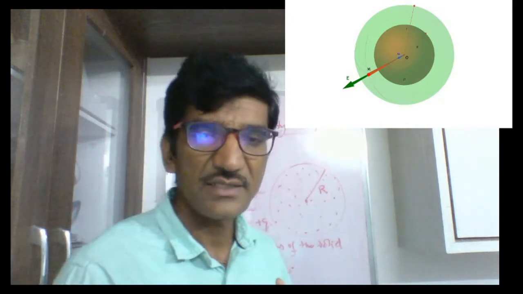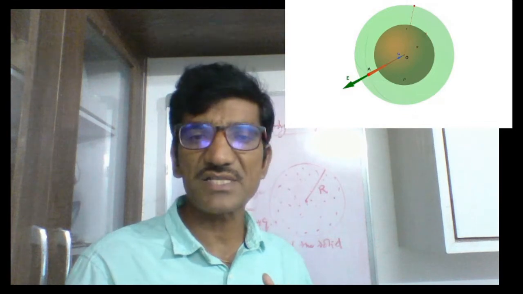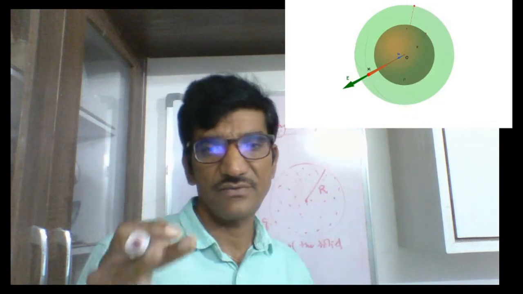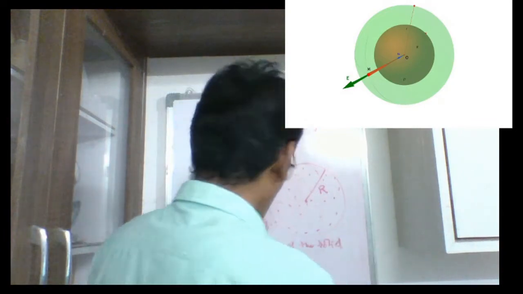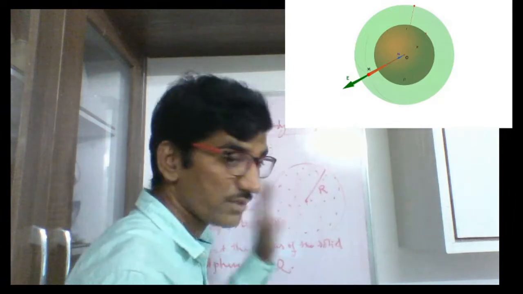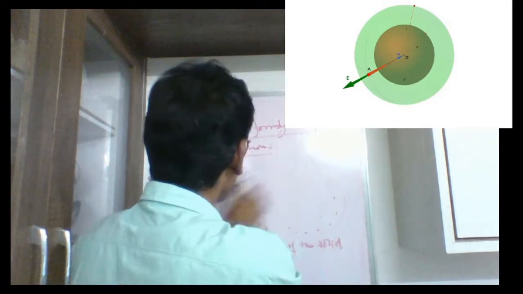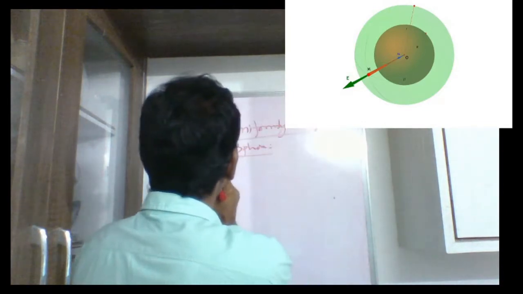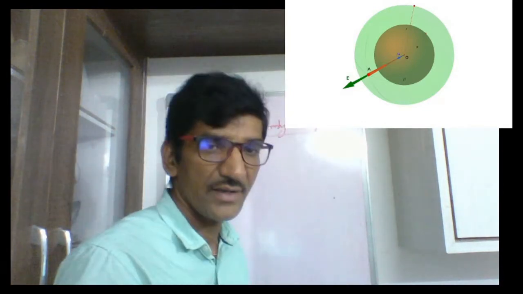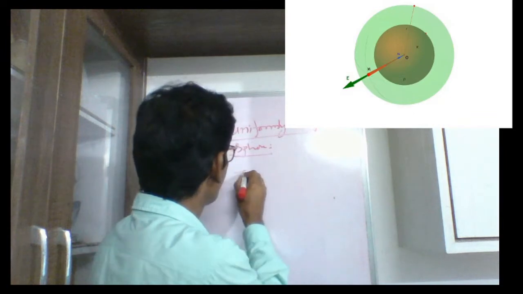Before that, let us consider the first case: field for outside points. Field outside the sphere. What is the first case of this problem? Case A. What is the first part?